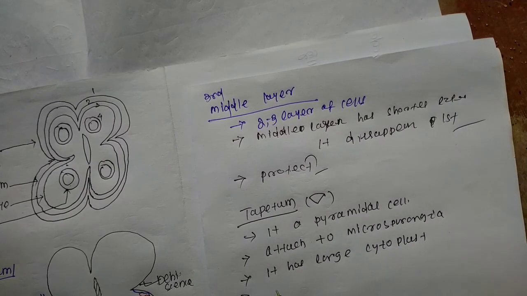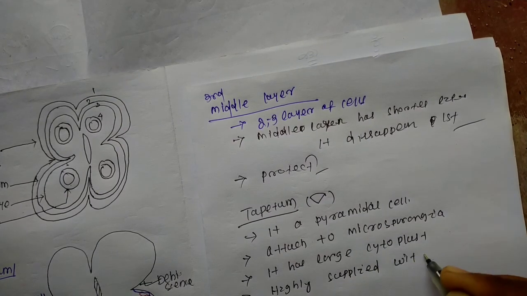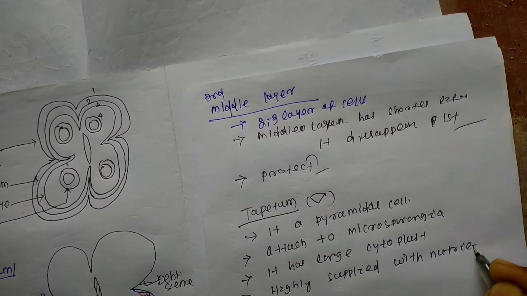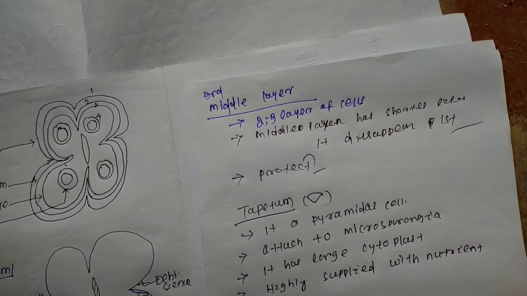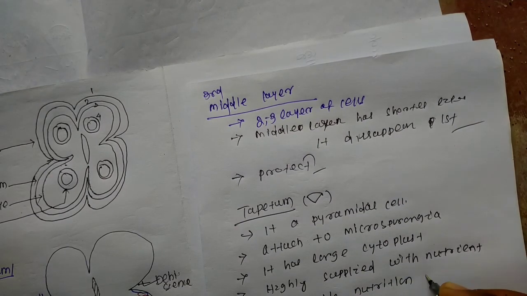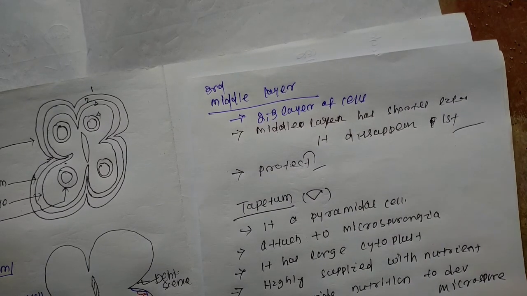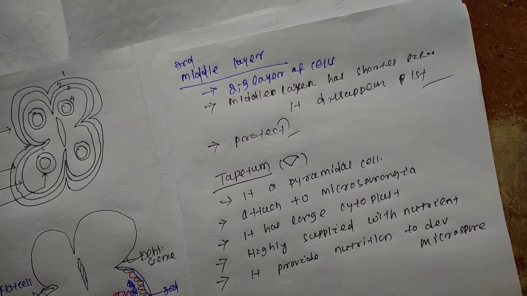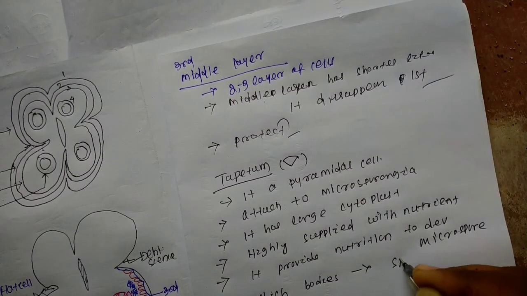The cytoplasm is highly supplied with nutrients. Why is it supplied with nutrients? Because it provides nutrition to the developing microspores. It also has Ubisch bodies, which secrete sporopollenin.